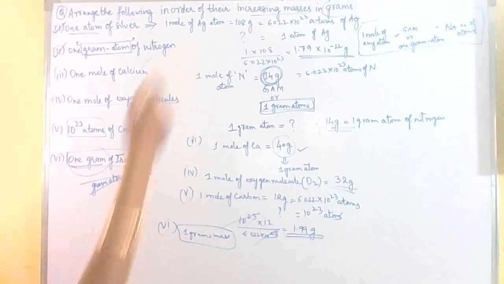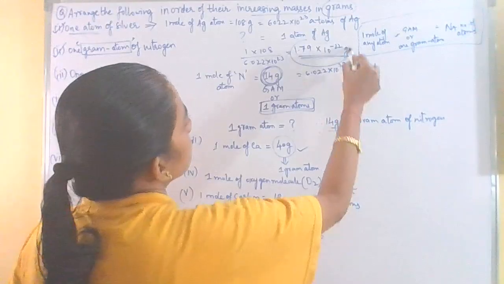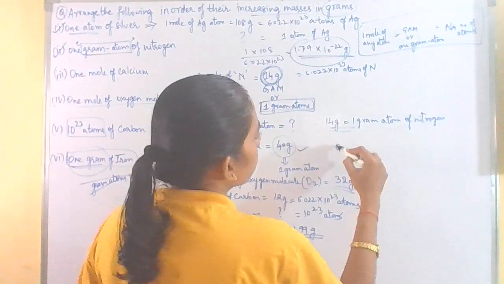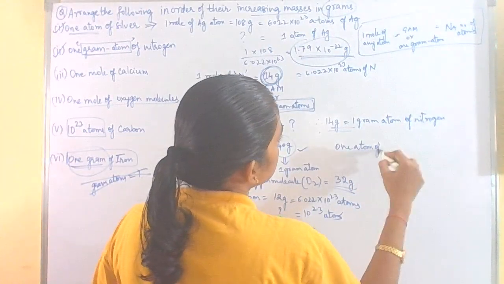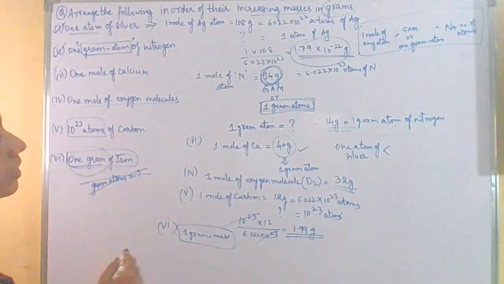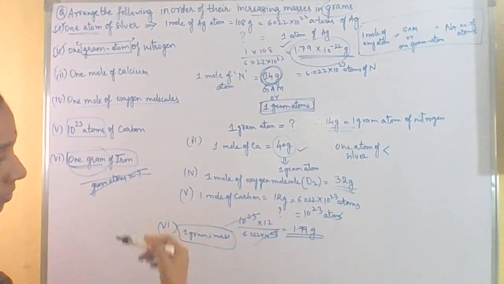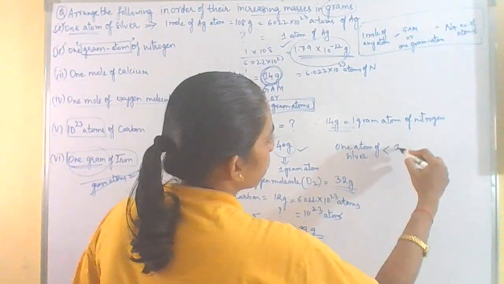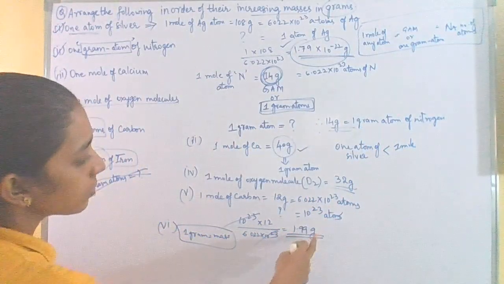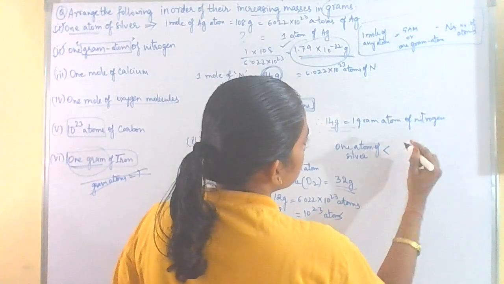So we have to arrange it in increasing order. First, the 1 atom of silver weighs least. Its mass is very less. Then second comes 10^23 atoms of carbon. You have to write what is given in the question.